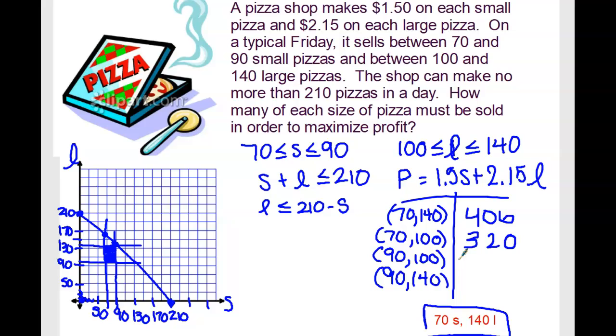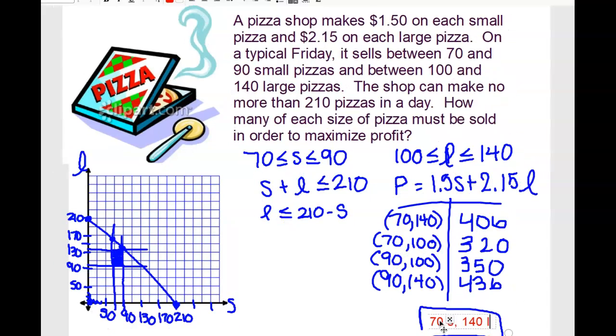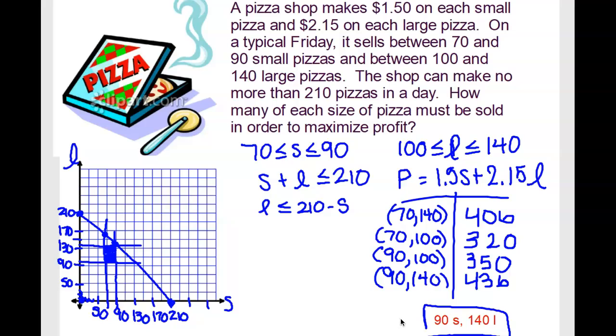Now we sell more small, but the same number of large. And we get 350. And then last but not least, we sell the same number of small and more large, and we get 436. So your answer should be 70 or 90 small and 140 large.